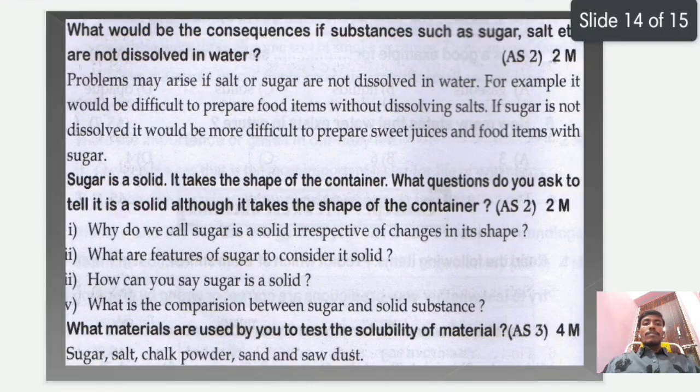And next one, these are the important questions in this lesson. The first question is a 2 marks question for FA and SA examinations. The second question is also a 2 marks question, and the third question is a 4 marks question. Write about the solubility of materials which dissolve completely in water, and please note down all these questions in your notebook.